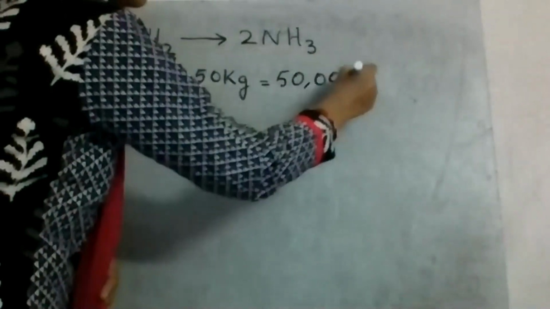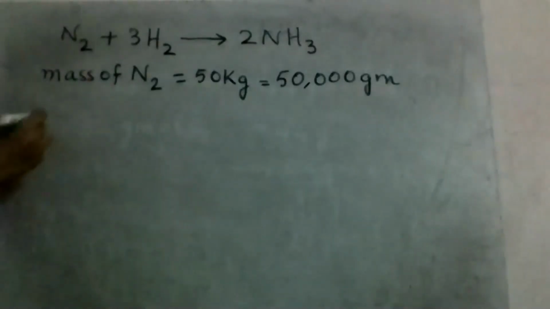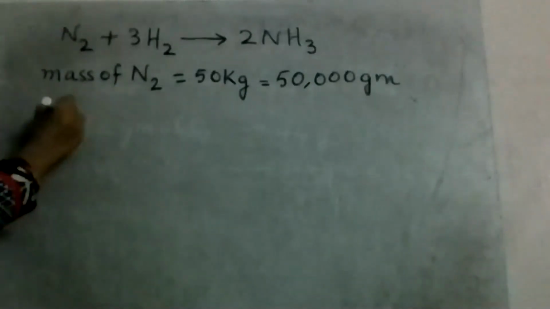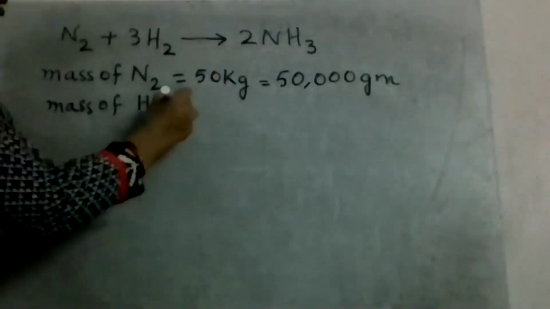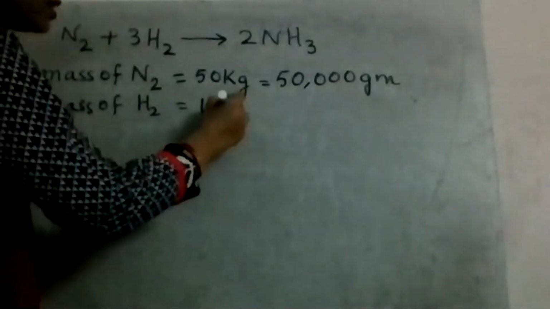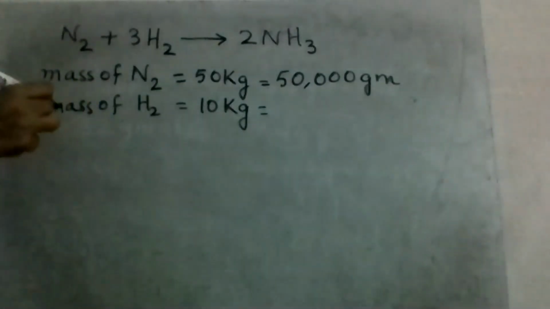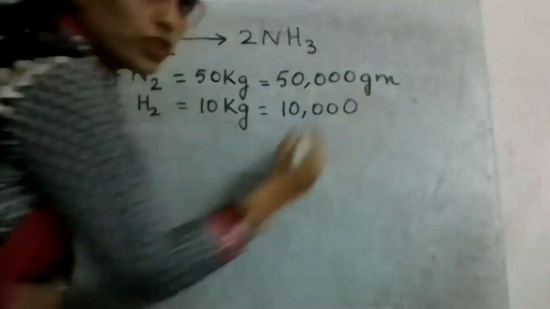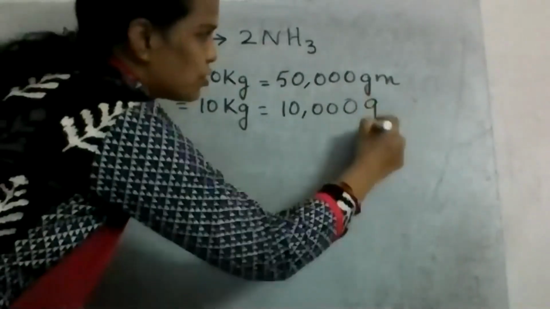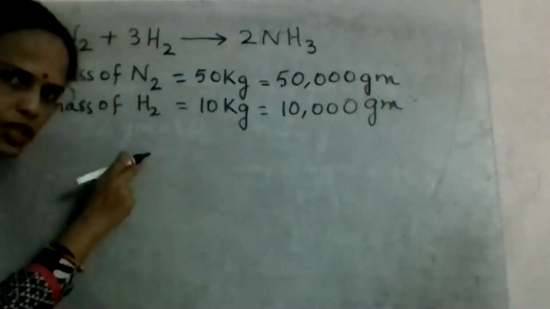Similarly, we will calculate the mass of hydrogen. That is given in the question as 10 kg, so this comes out to be 10,000 grams. This is what is given in the question.